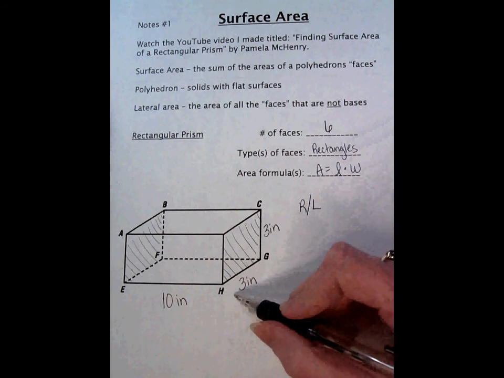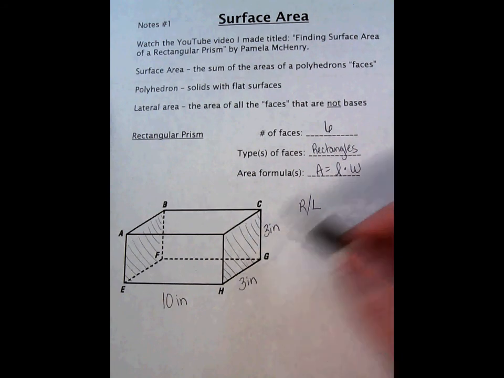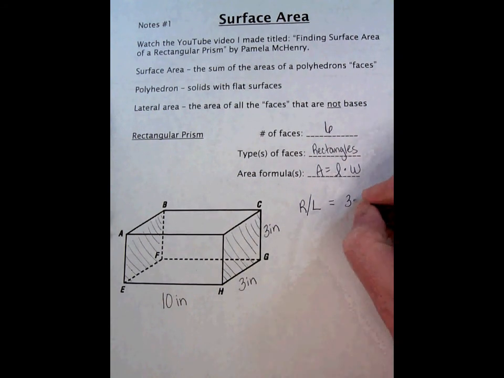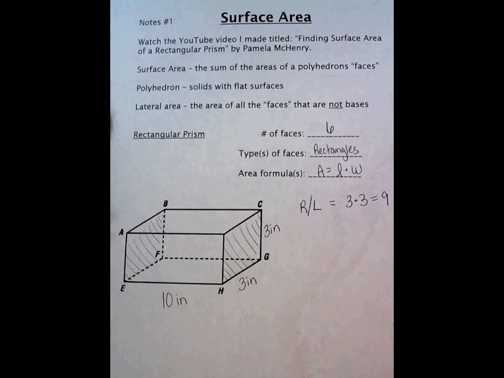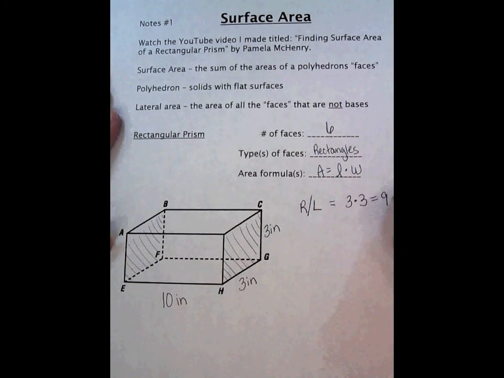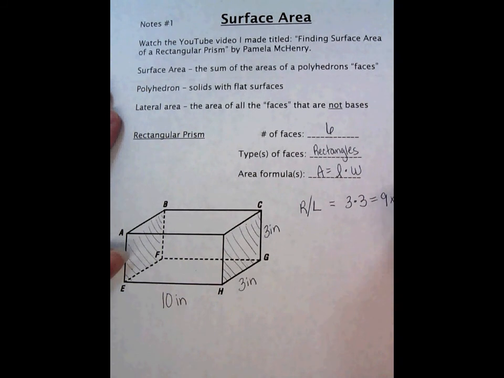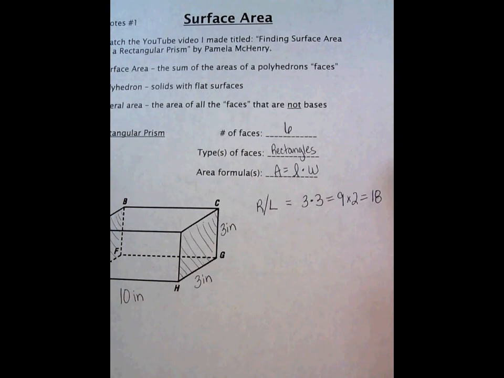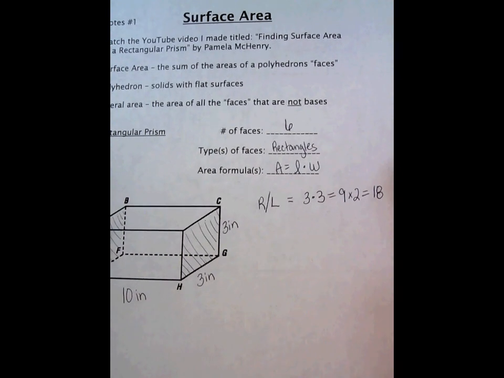So right and left are this square surface, so the area is going to be 3 times 3, or 9. Now because there's 2 of them, we're going to do times 2, so that will give us 18 for 2 of our 6 faces, as you can see here.